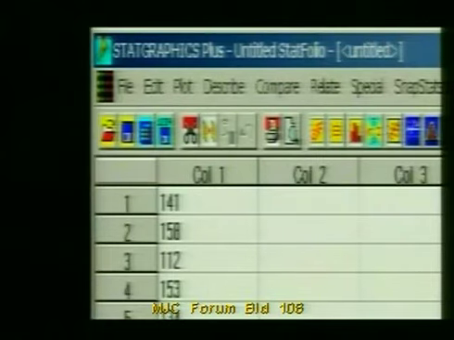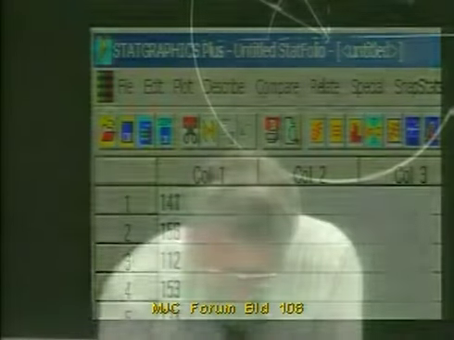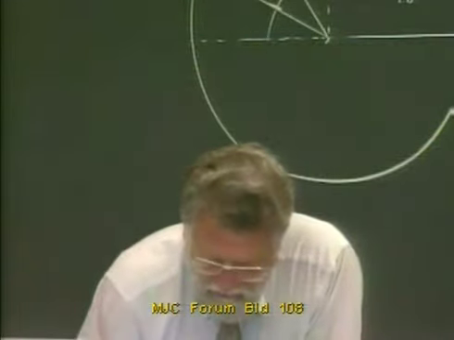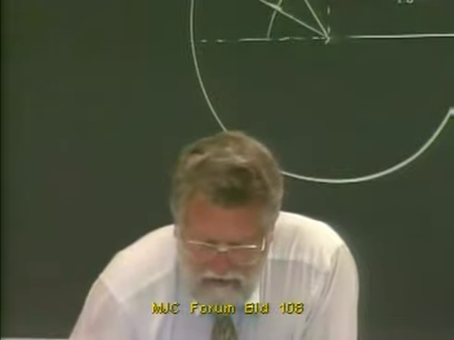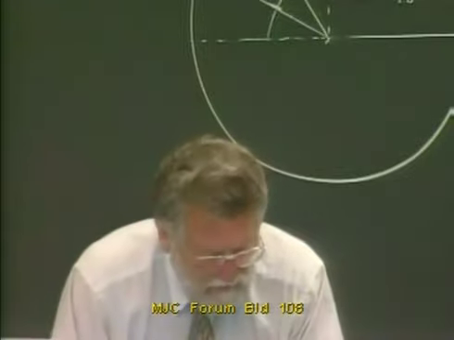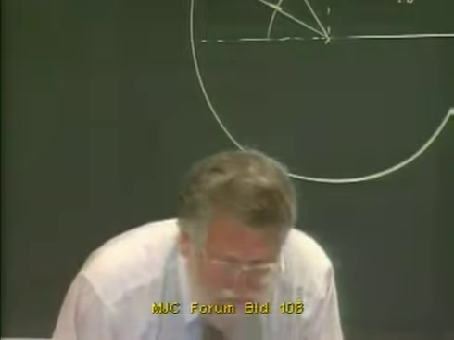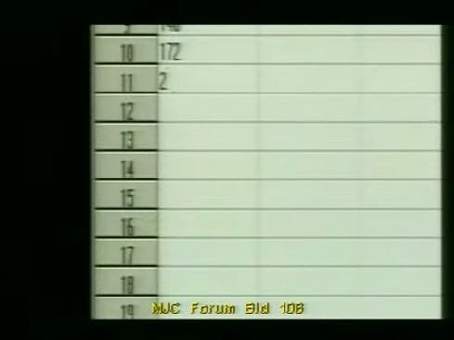Next. 95. Next. 96. Next. 78. Next. 148. Next. 172. Next. I need to bring this down so you can see it. So let me bring this down to 172. Next. 200. Next. 271.